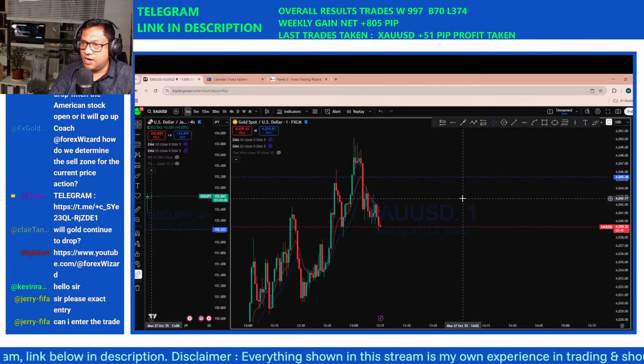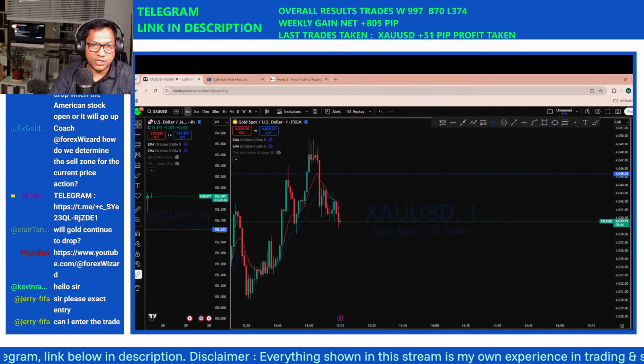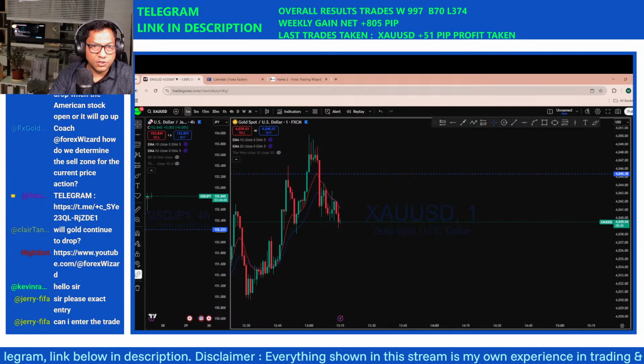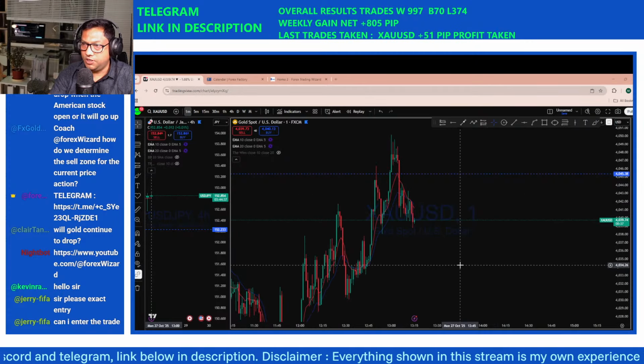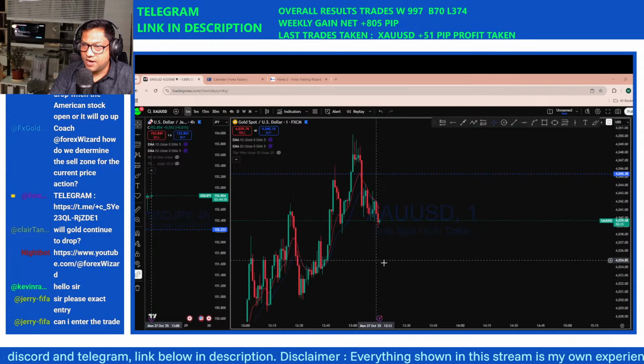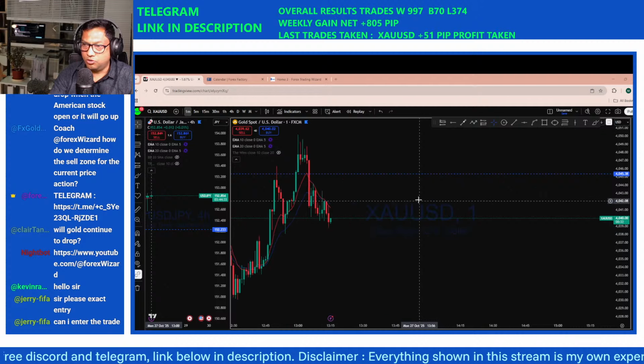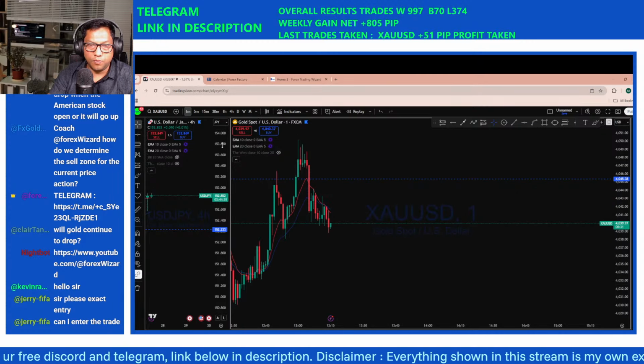So there is a downtrend continuation pattern that has formed, that means the possibility for the market to respect that high and continue to drop down back here.